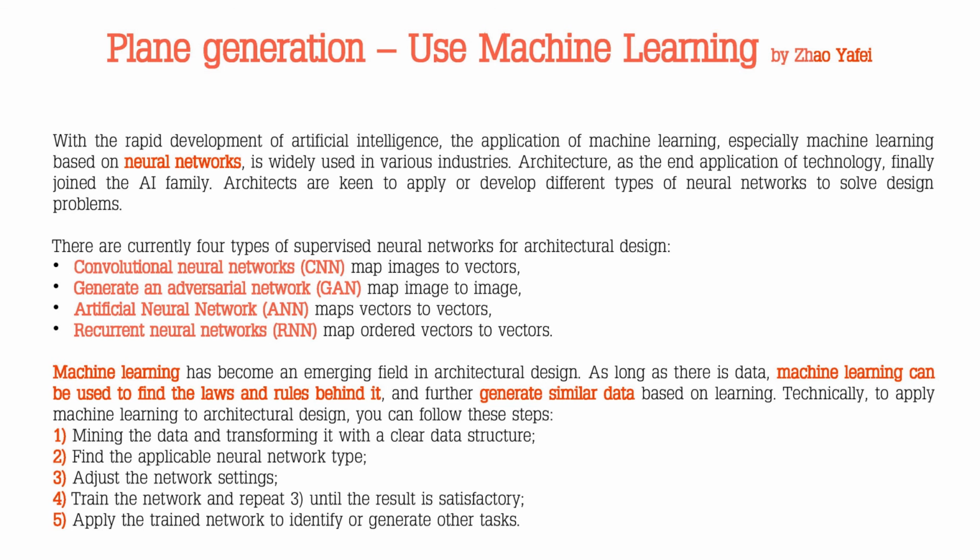So this kind of process is quite logical. First of all, we search data, which is called mining, and transform those data into a sort of system based on an intelligent framework. Then we must find the right neural network and train it, let the neural network become somehow intelligent.